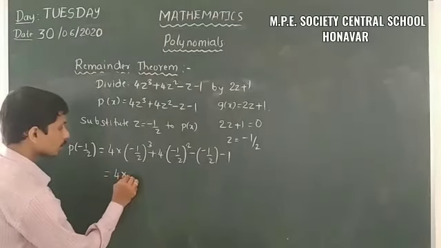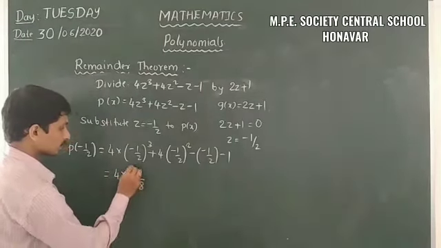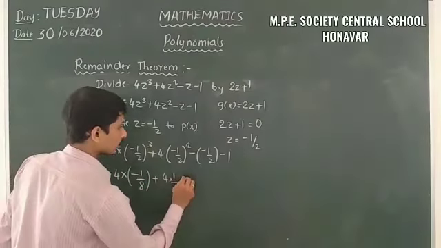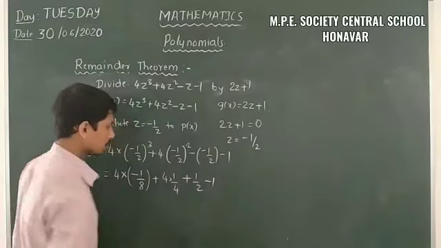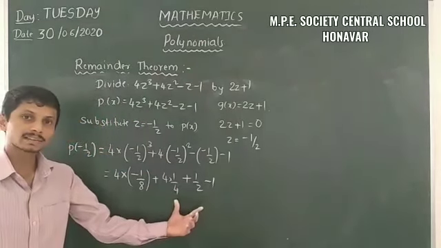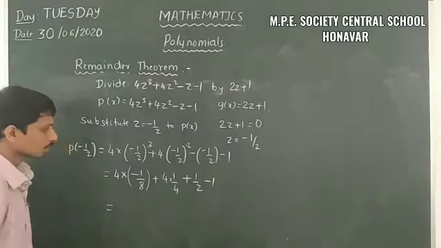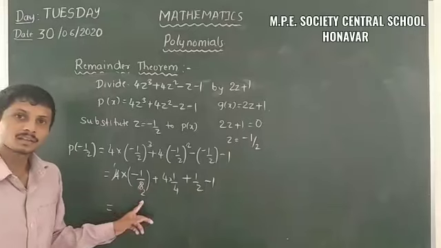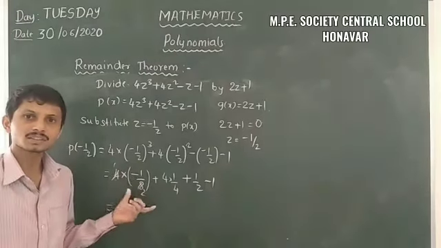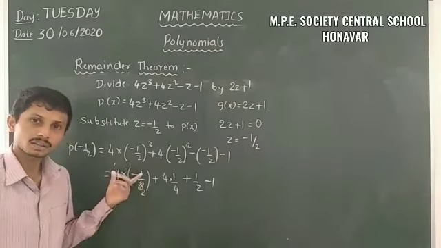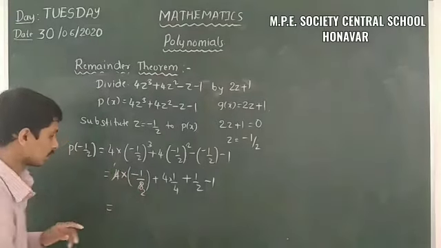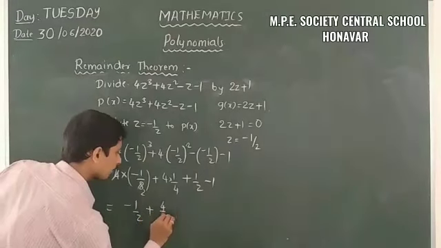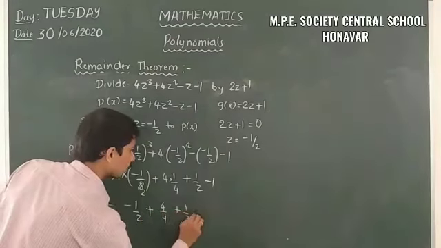So 4 into minus 1 by 8 plus 4 into 1 by 4, then plus 1 by 2 minus 1. We just reduce the equation here. So minus 1 by 2 plus 4 by 4, we can take 1 by 2 minus 1.